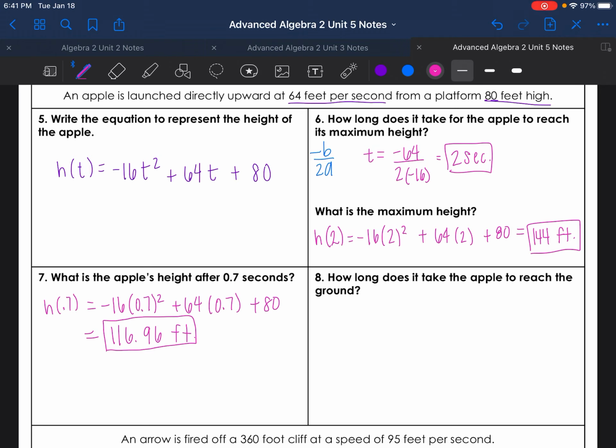All right, number 8. How long does it take the apple to reach the ground? So where is the height 0? Those are your x-intercepts. So the quadratic formula. I'm just going to rewrite this here for you.